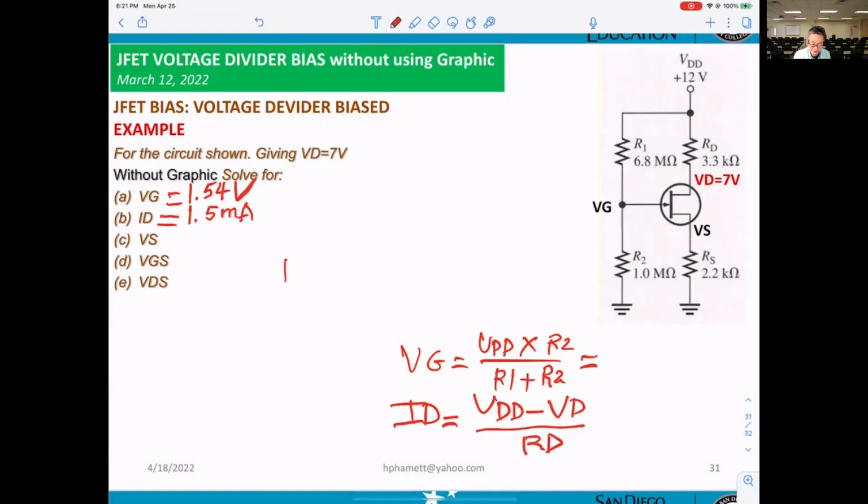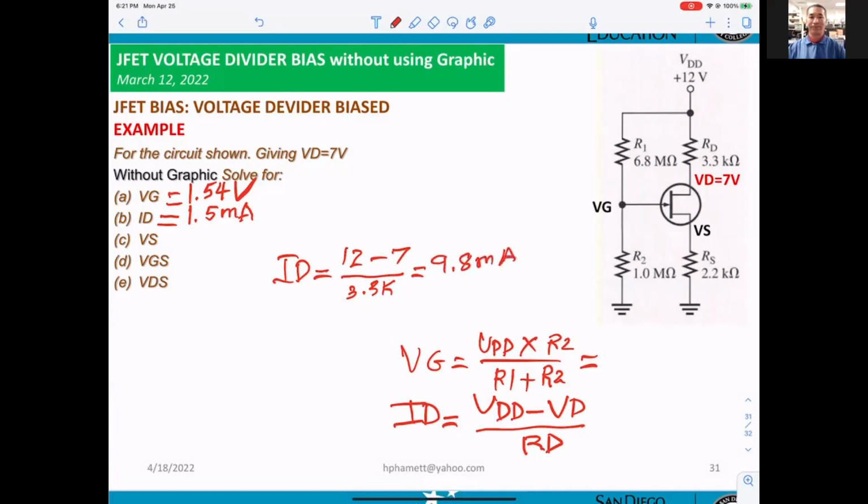Let's see. ID equal 12 minus 7, divided by 3.3K. Yeah, 9.8. Is it 9.8 milliamp? Or 1.5 milliamp? You don't want me to have to do the calculation.